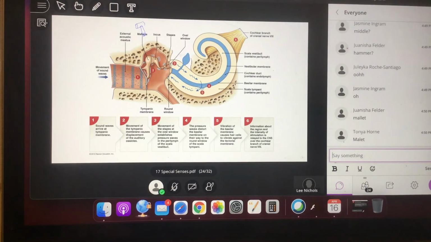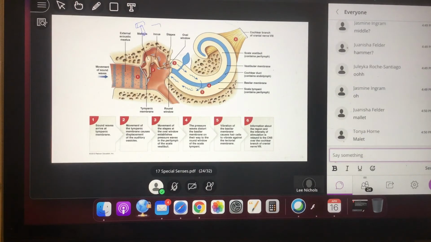Then there's, I hesitate to draw this one, but I will do anything to help you guys try to remember this stuff. Oh my gosh, this is like that silly game Pictionary or something.